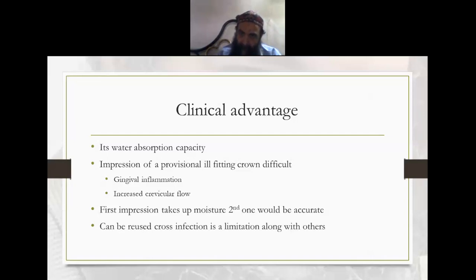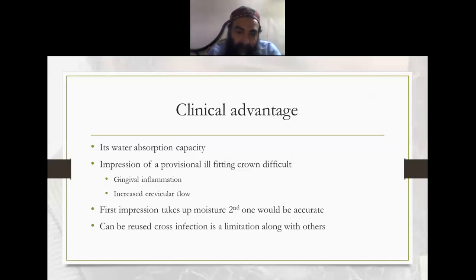A crown in a patient's mouth which is ill-fitting, meaning loose, not fitted properly, leads to gingival inflammation and increased crevicular flow. The gingiva over that area, when an ill-fitting crown is present, will be inflamed, swollen up, with increased crevicular flow.